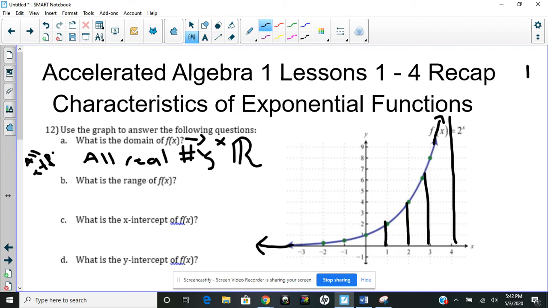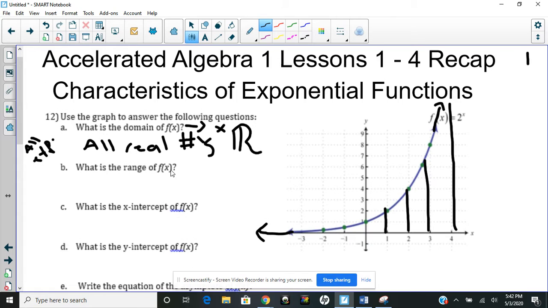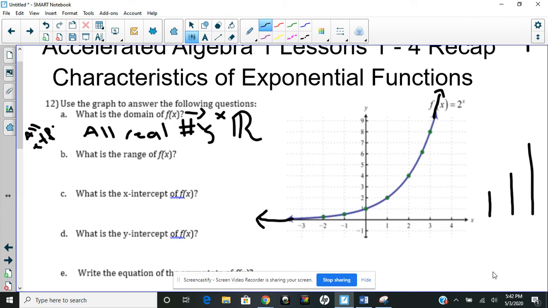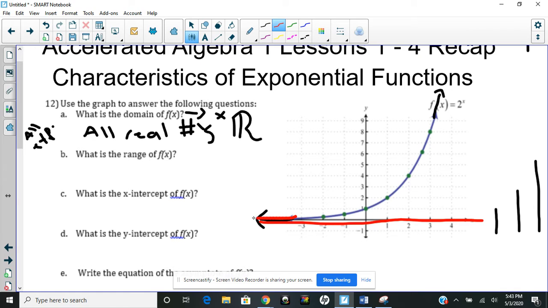The next thing we're going to do is the range. The range is a little bit trickier because the range is asking us, where does this graph exist for the y values? If I look here, notice there's this line that the graph will never go below, because as it keeps moving to the left here, it's getting pretty straight.